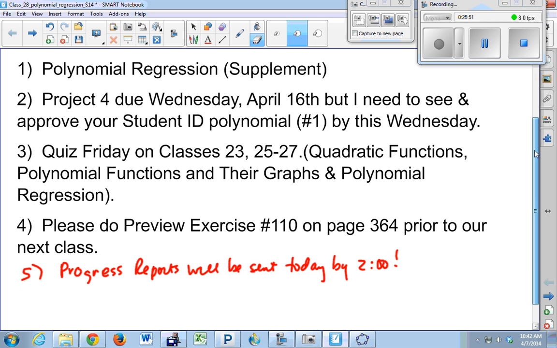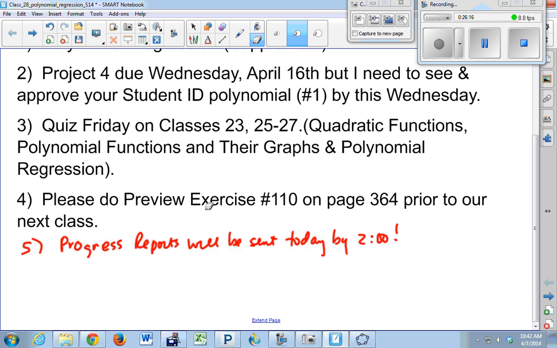You have a quiz on Friday on class 23, which is your quadratic function section, 3-1. And then 24, remember, was our test. And then 25 through 27 covers the 2 lectures on polynomial functions and today's class. So that's Friday's quiz: 23, and 25 to 27.